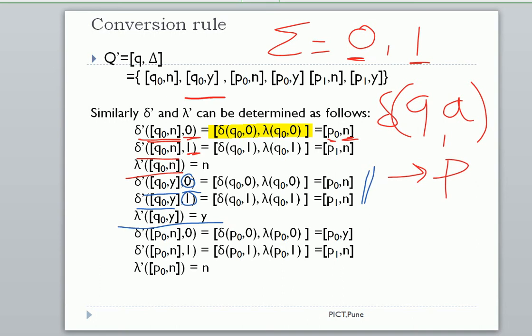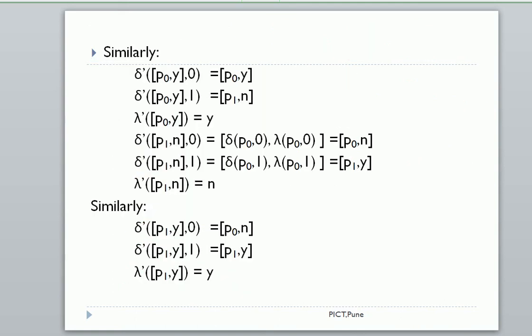Similarly, next we will calculate P0N on 0 and on 1. P0N is one state. This will give me the transition function, this is the delta, and this is the lambda machine function.